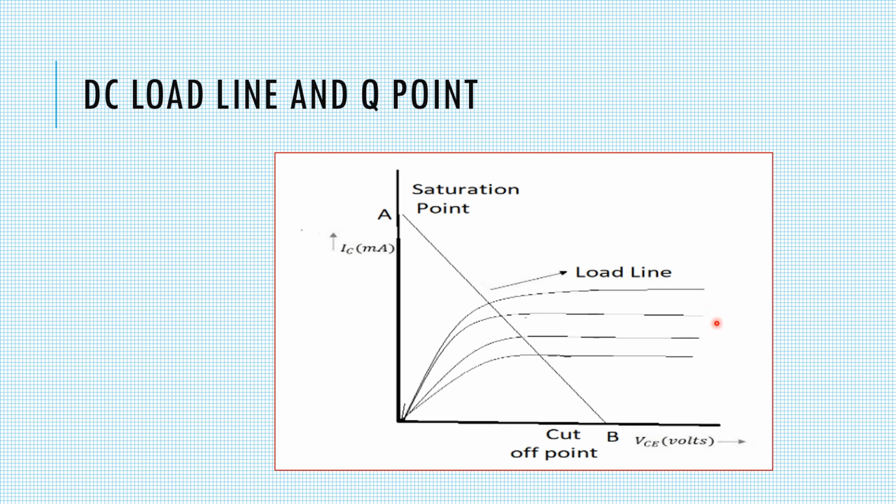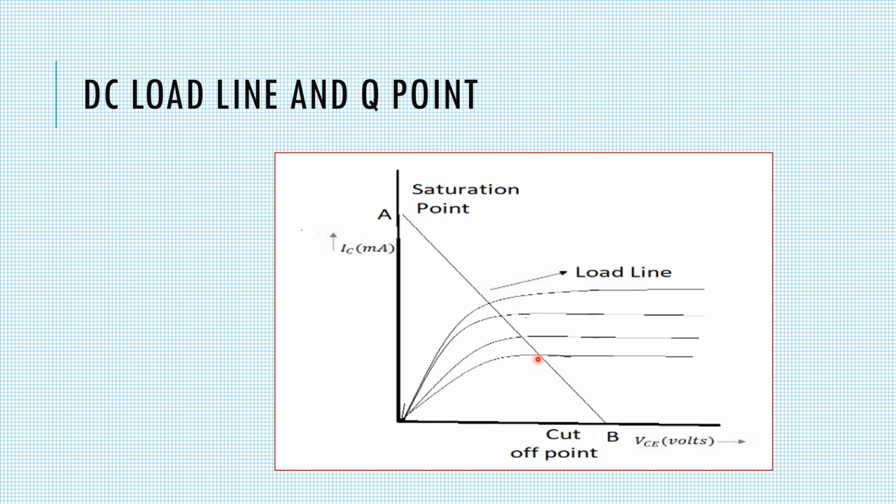Here we can write IB. The intersection of this load line with the transistor characteristics curve represents the circuit values of IC and VCE at different base current.